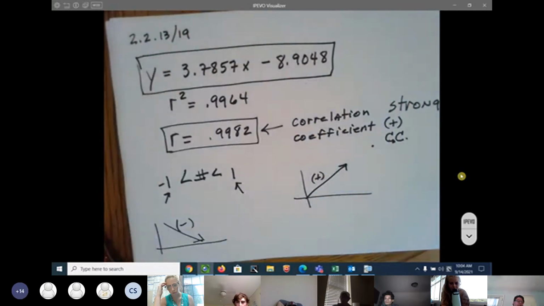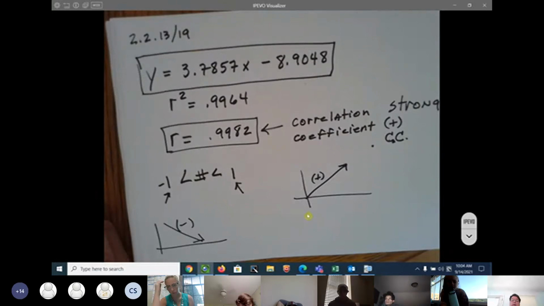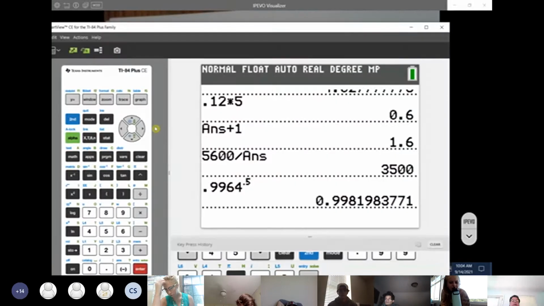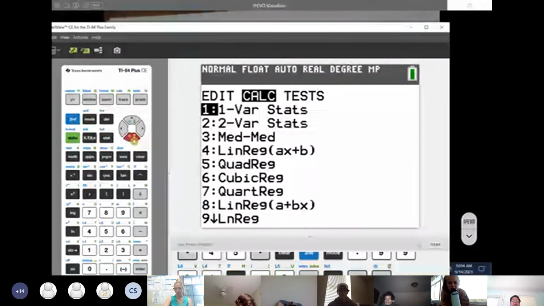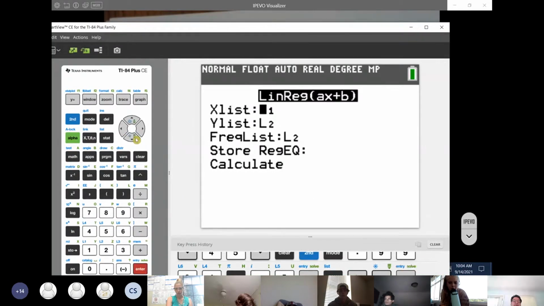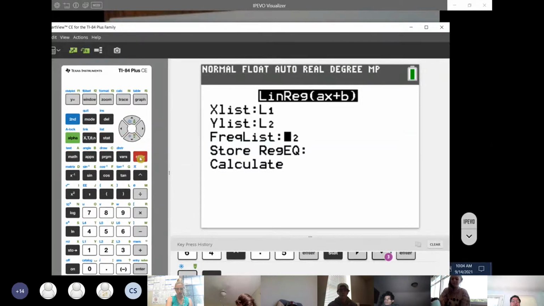And let's do it on your handy dandy calculator. Go to Stat, Calculate, Linear Regression, because this is a linear, this is a straight line. Enter L1, L2. I'm going to take that off because I don't think you need that. And calculate.